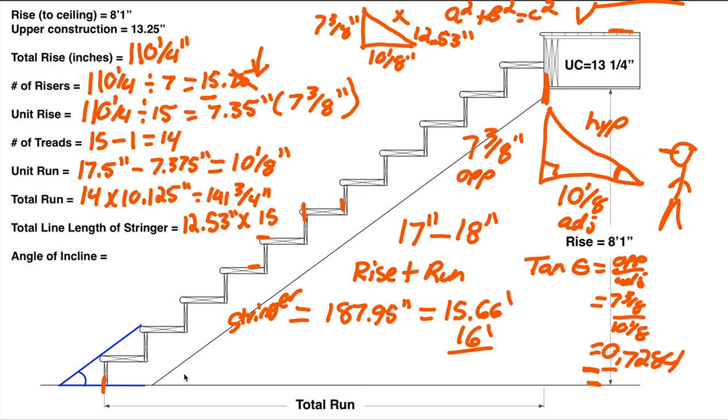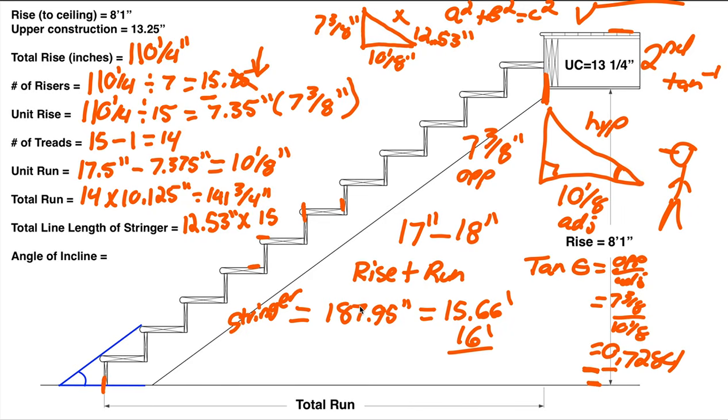You can round it to 2 decimal places. I usually just leave it in the calculator for this next step. And then what you're going to do is hit the second function on your calculator. So I'll write it here at the top. It looks like this, second. And then you're going to hit second tan, and your second tan will look like this, tan minus 1, on your calculator.